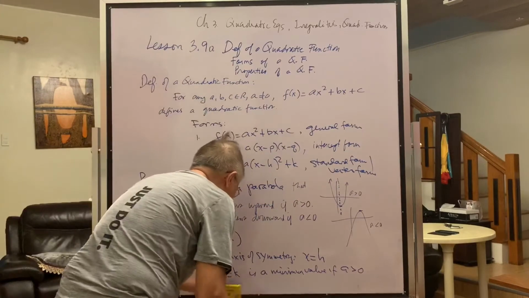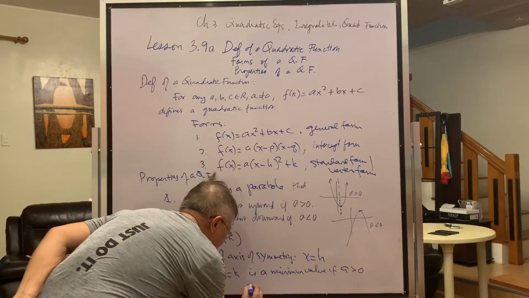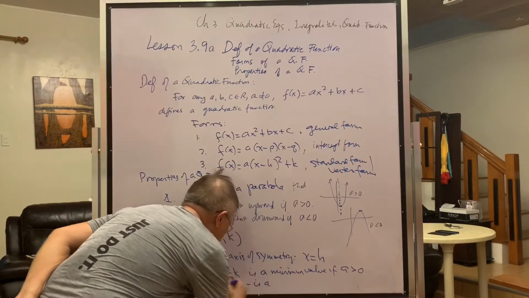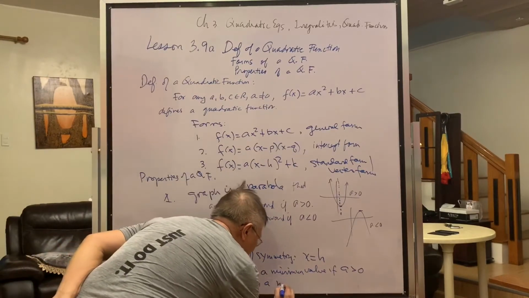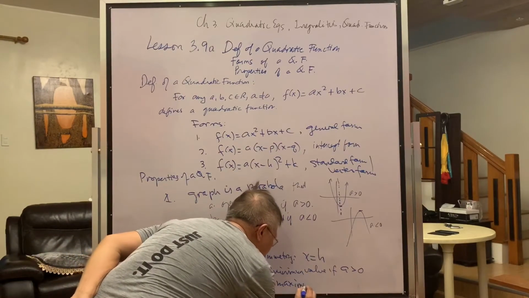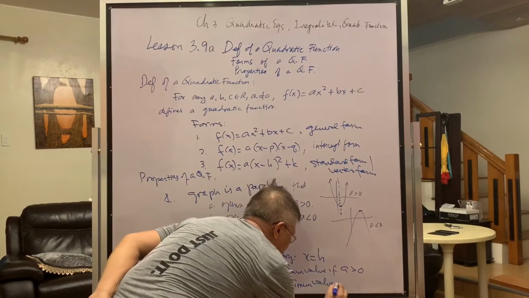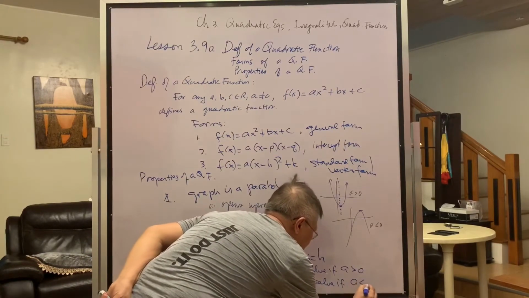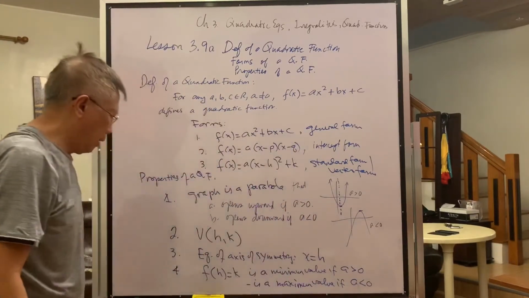And this one becomes, k becomes a maximum value if a is less than 0.